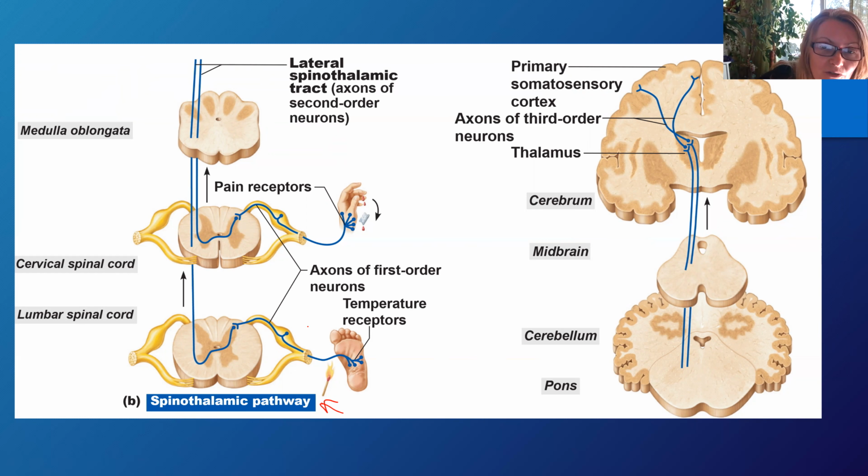Now, the point is the same. We have a first order neuron that goes from the sensory receptor to the spinal cord. Then it immediately synapses with the second order neuron. So that's your first order neuron, second order neuron. And this is where it decussates. So it decussates at the level of the spinal cord instead of the medulla oblongata.